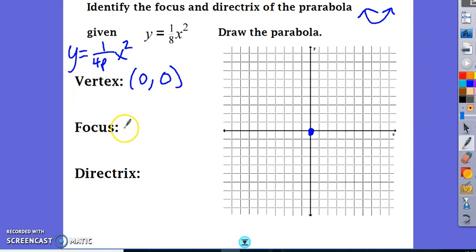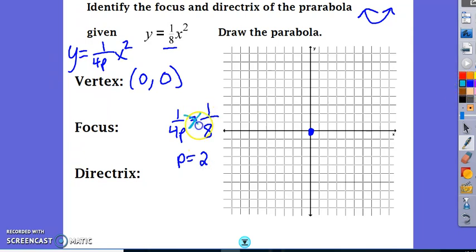In order to find our focus, we need to solve for our p value. So 1 over 4p from our general equation in this equation is equal to 1/8. So we're going to set 1 over 4p equal to 1 over 8 and solve for p. So in this example, you can kind of use mental math and say 4 times p has to equal 8. Well, p has to be 2.